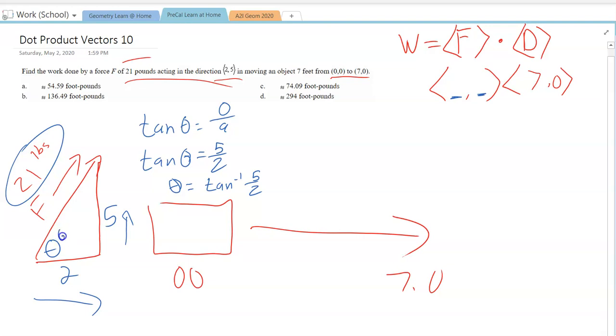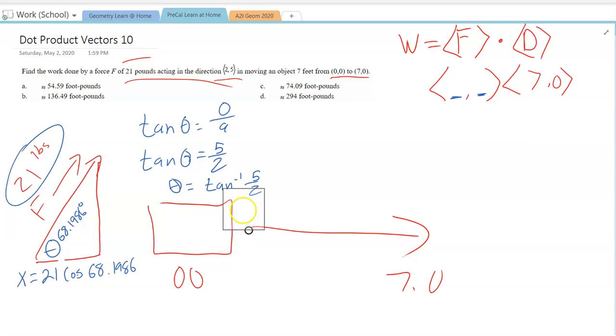So our angle right here equals 68.1986 degrees. From there, if I want to find the components for the x direction and the y direction, you can just do 21 cosine of that angle. And our y direction is going to be 21 sine of that angle.